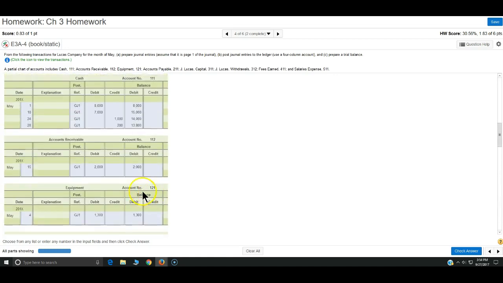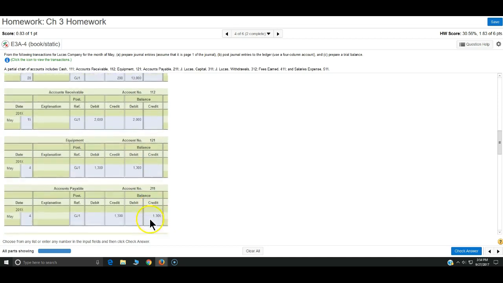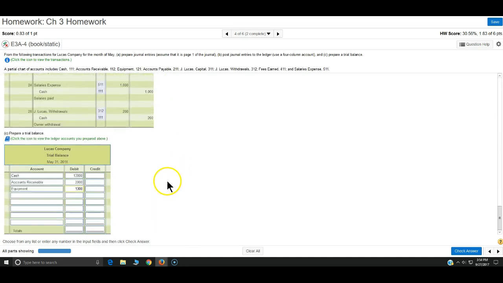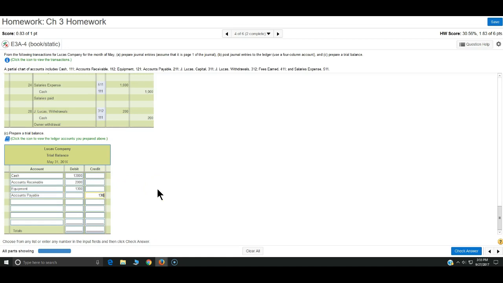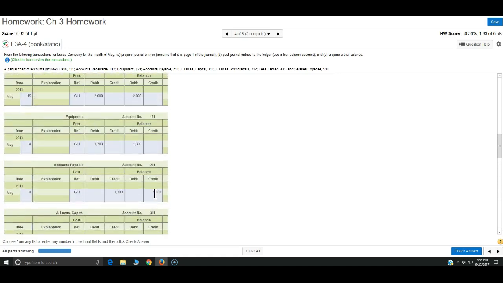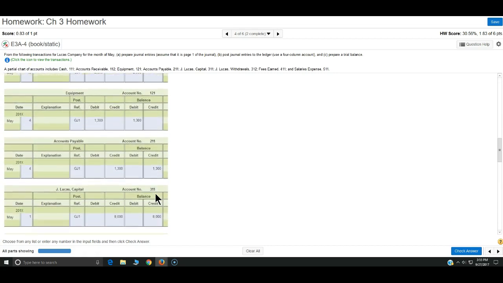Good. Next account after the equipment is a credit balance account. So you take the same credit that you have in accounts payable and make sure you put it in as a credit balance in accounts payable on your trial balance, 1,300. Double check that I put the right amount in. Accounts payable, yes I did.